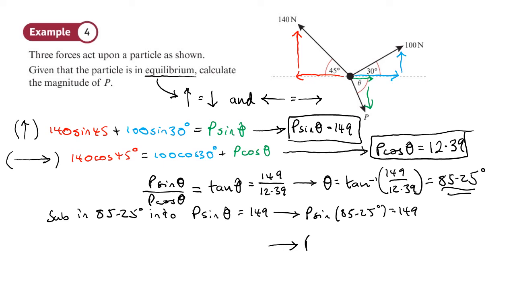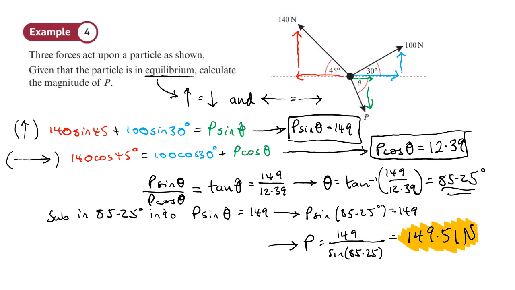So that means that P is equal to 149 divided by the sine of 85.25. What do I get? 149 divided by the sine of my answer, and I get 149.51. So 149.51 newtons. Right, so I have P here and I have theta here.